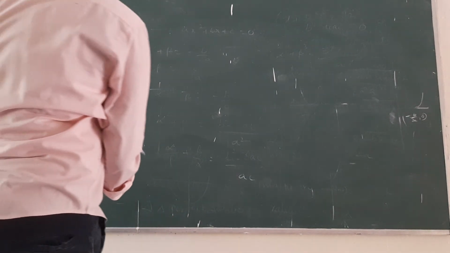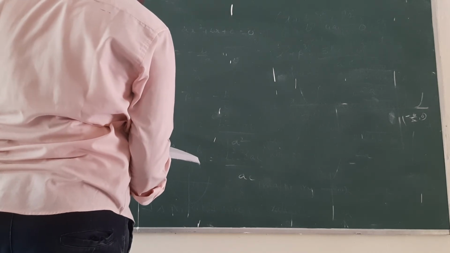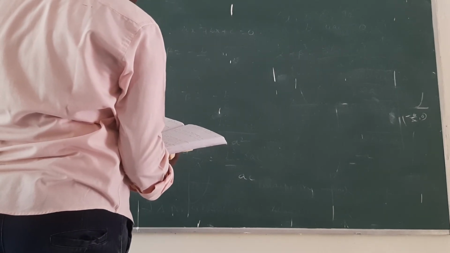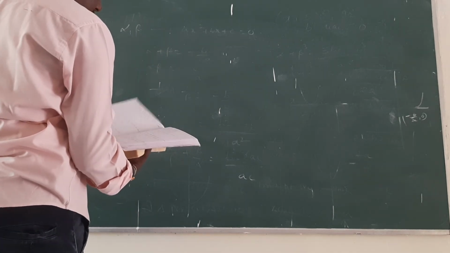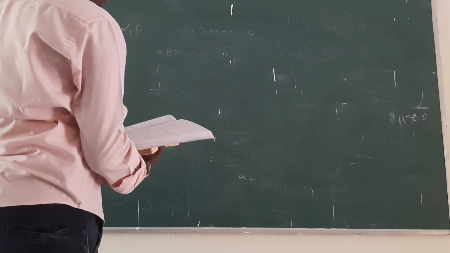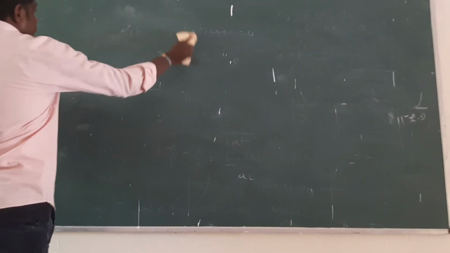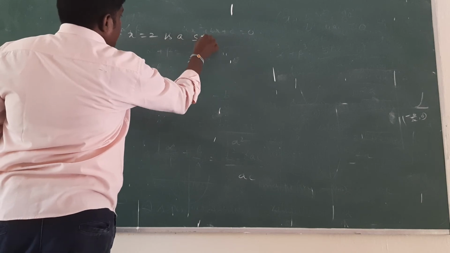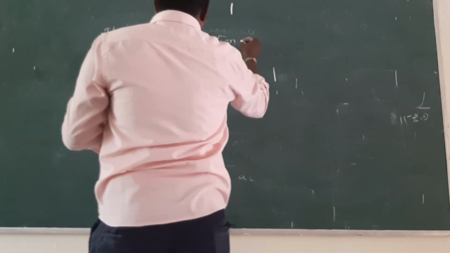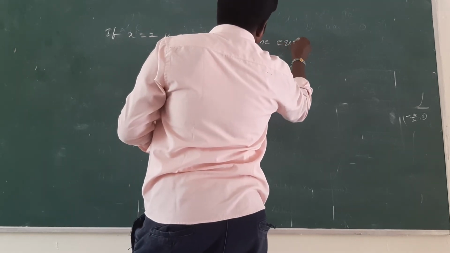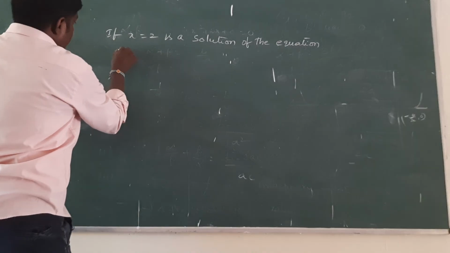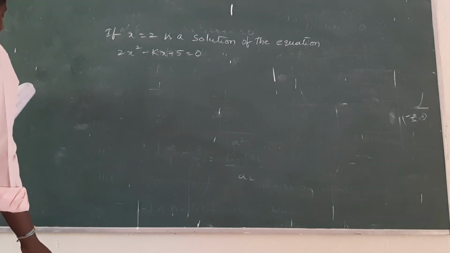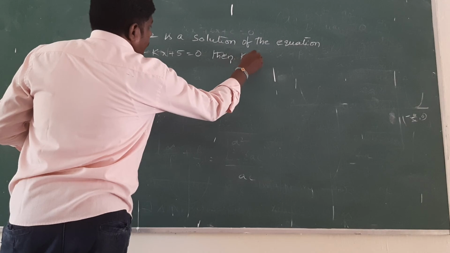I will give some questions. If x is equal to 2 is a solution of the equation 2x square minus kx plus 5 is equal to 0, then the value of k is equal to.